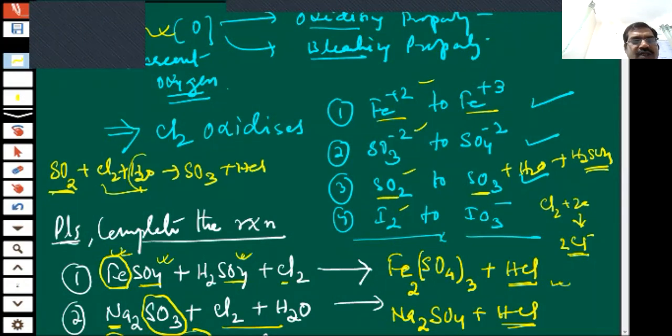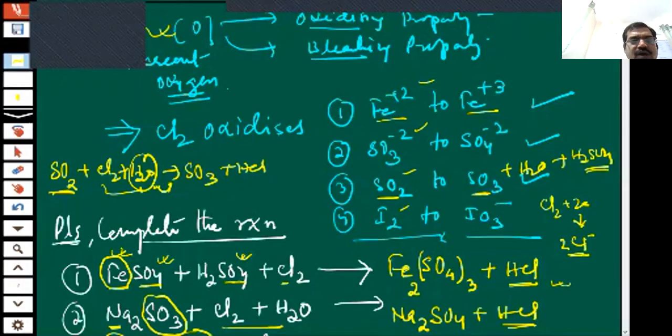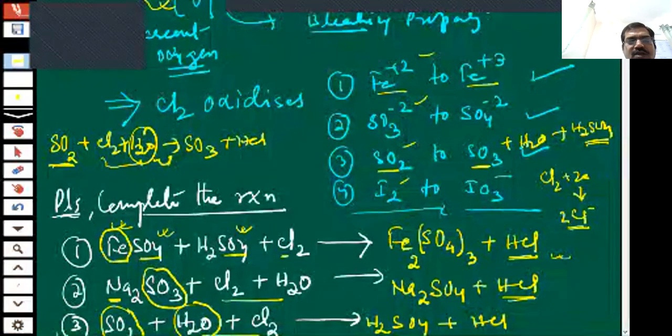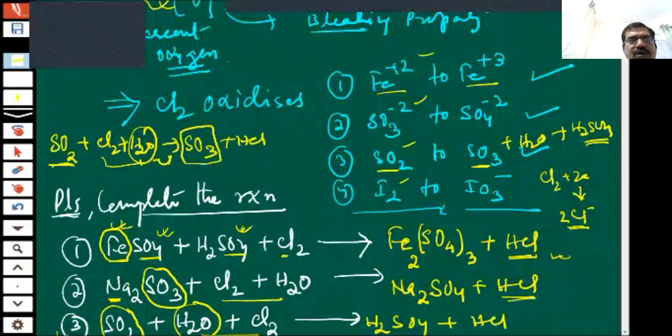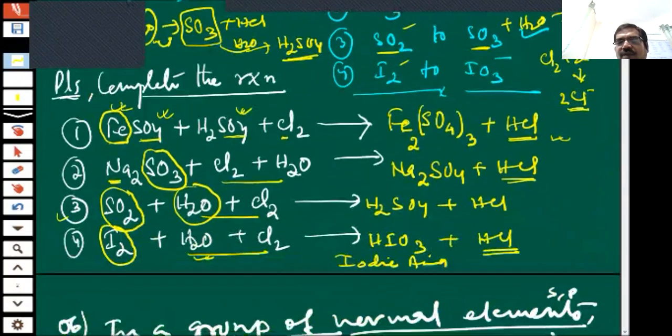And water is already there in the system, no? You know that sulfur trioxide is an oxide of a non-metal. Oxides of non-metals are what? Acidic. Why? Because when they react with water, they give you the acid. H2SO4 they are giving, so that only I am writing.